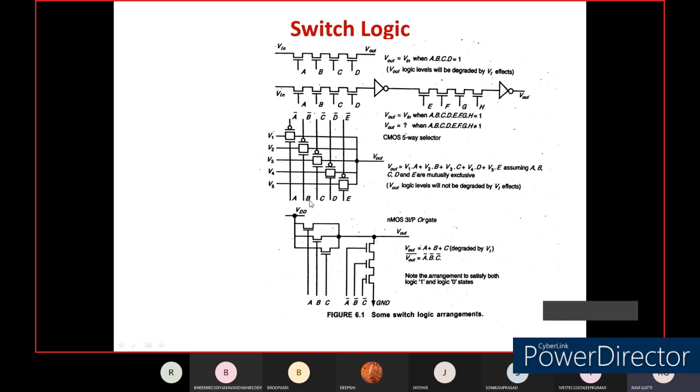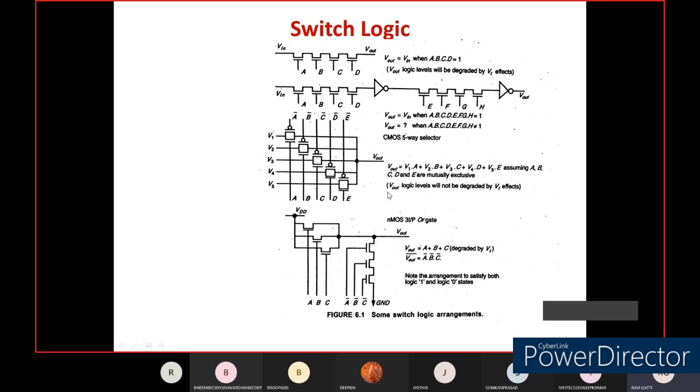Similarly for B, C, D and E. The transmission gate is a combination of a PMOS transistor and an NMOS transistor. And what is your V out? Based upon the logic you apply to the A terminal, your V in, V2, V3, V4 and V5 will be clubbed to the V out.